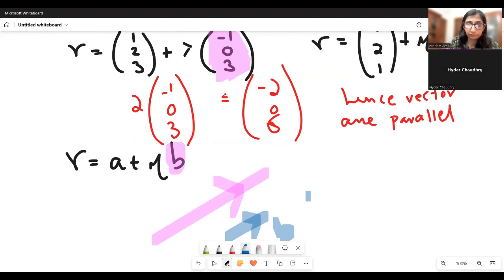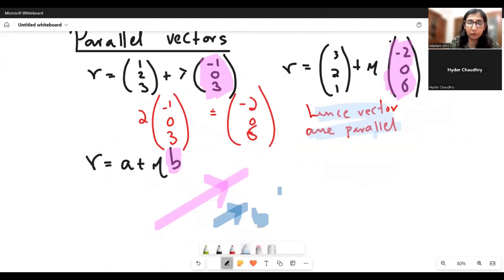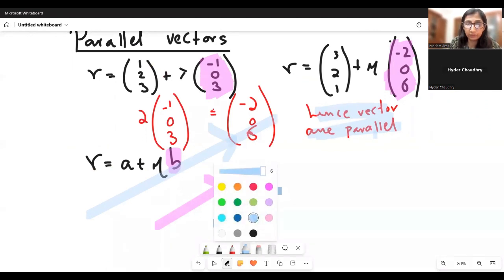Similarly, the second equation that I wrote is the other vector, and this is the b for that vector.